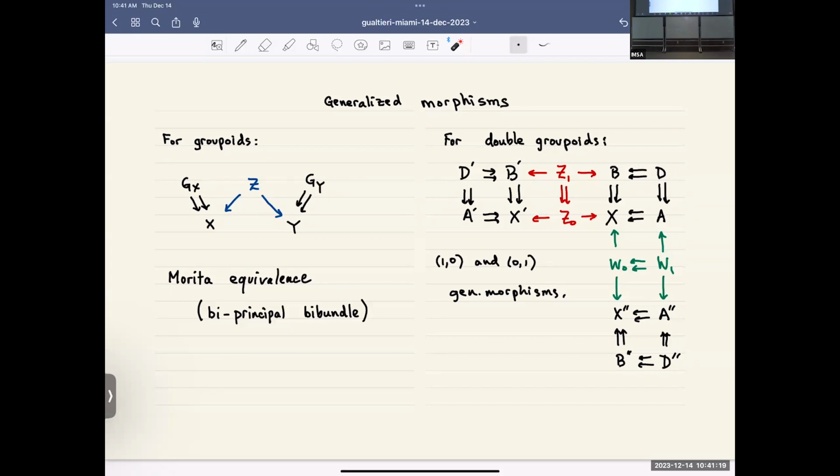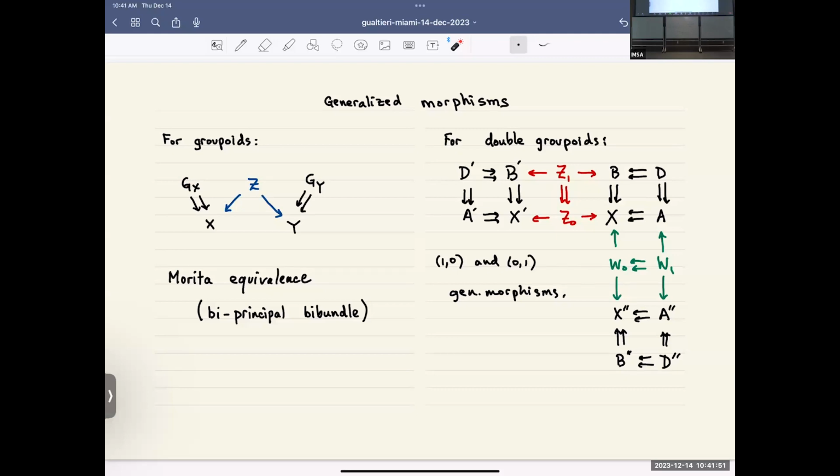When you have two Lie groupoids, here we have Lie groupoids G_X and G_Y, we know that groupoid homomorphisms are the simplest kind of morphism you could imagine. You would have a map from G_X to G_Y and a map from X to Y that preserves the structure. We know that for Lie groupoids, there's a more interesting equivalence relation, which is called Morita equivalence.